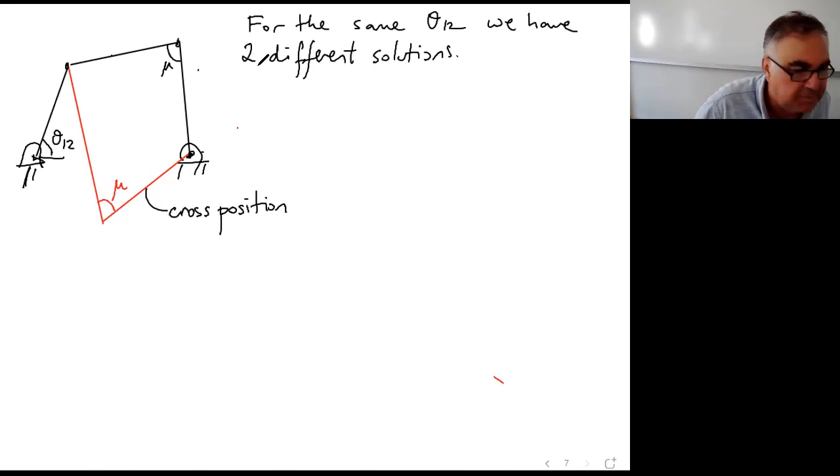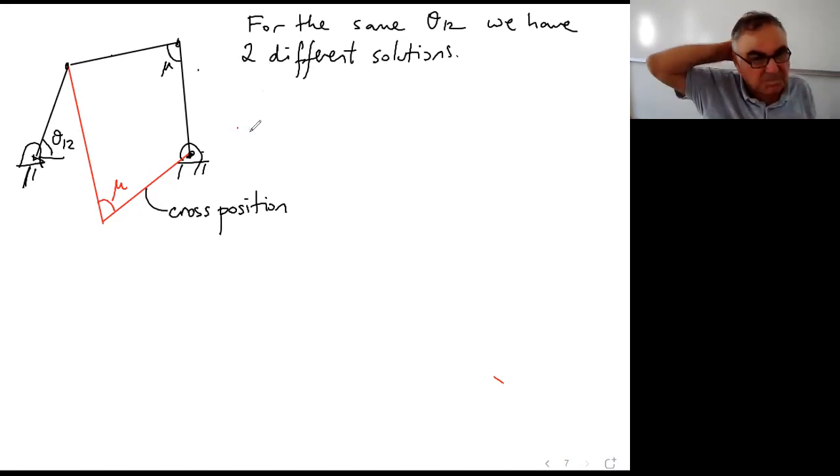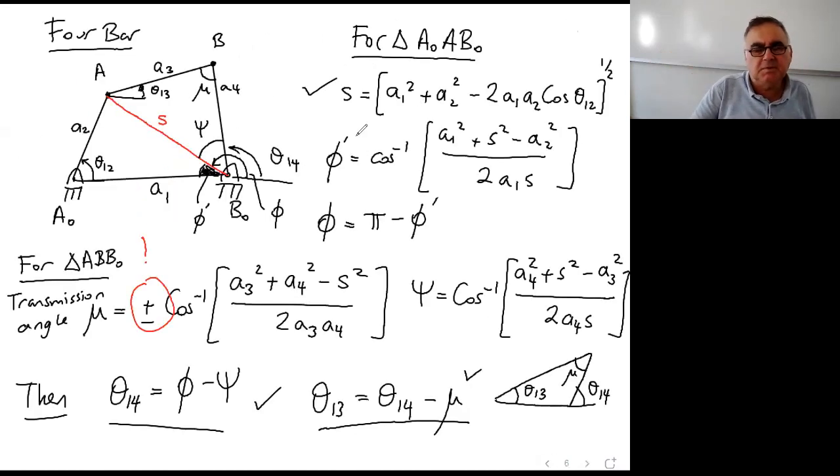Okay. Another possibility, by the way, let me just repeat here. We found phi prime and phi from this equation, as you see. We first found phi prime from this triangle, and then we found phi.